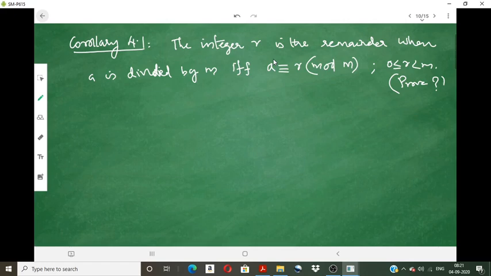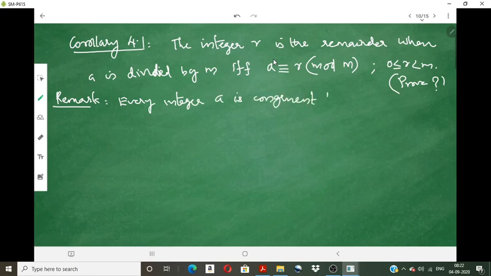So this corollary says that every integer a is congruent to its remainder r modulo m. So this is one of the important remarks of this corollary, that is every integer a is congruent to its remainder r when divided by m or modulo m.